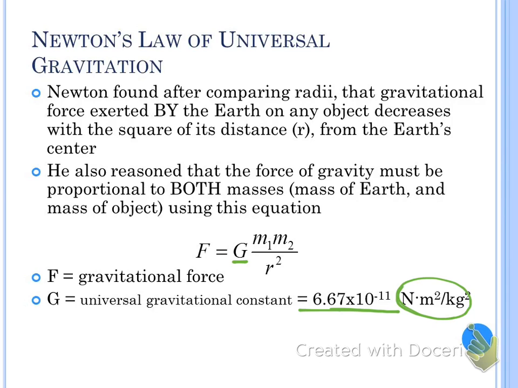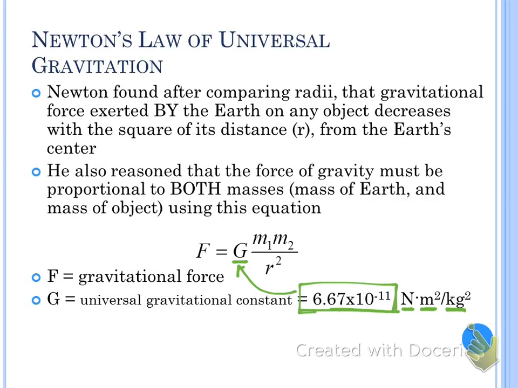This unit means that in order for G to work, our force has to be in newtons, our radius must be in meters, and our masses must be in kilograms.